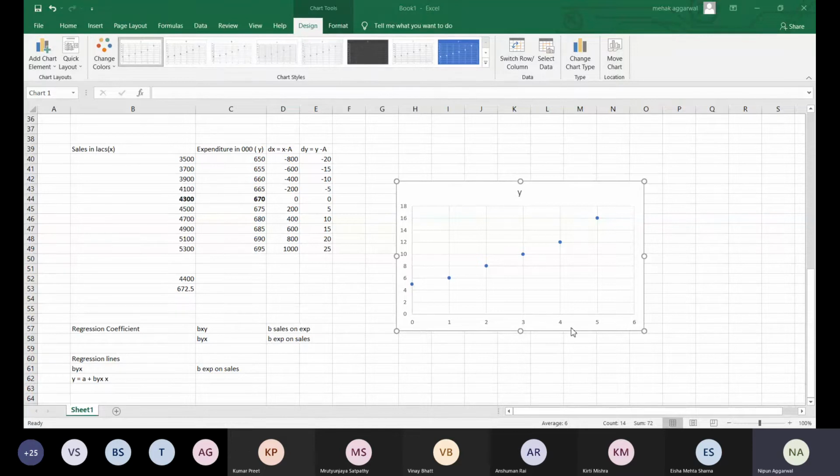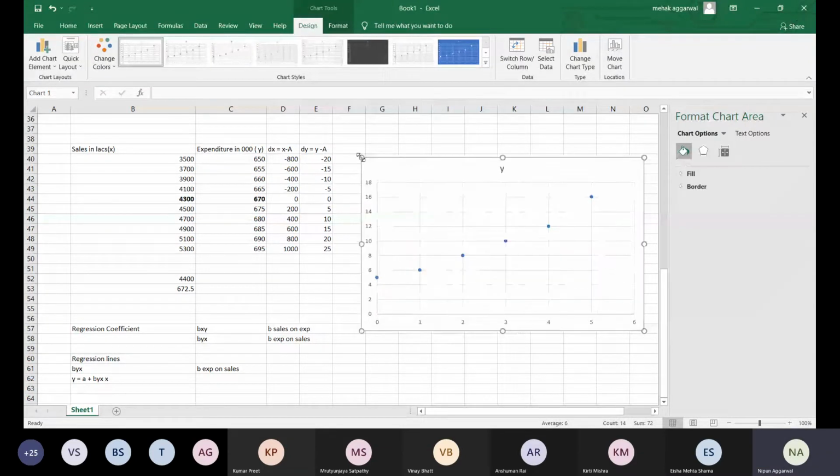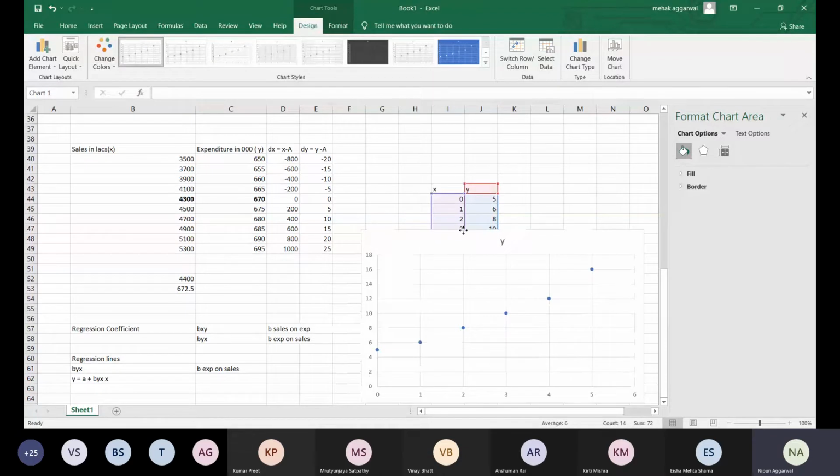The scatter diagram shows that one variable is on the x-axis and another one is on the y-axis. So this is your y, 0 to 4. So this is your y and this is your x. So the x-axis is this axis and the y-axis is this, and it has plotted the graph in that way.